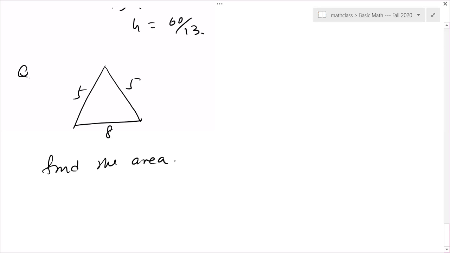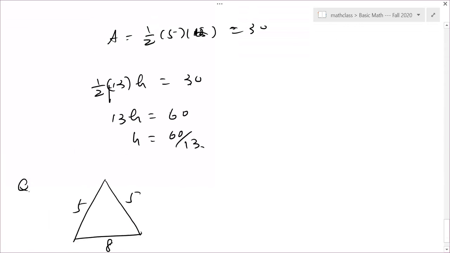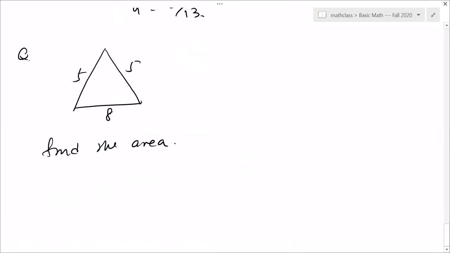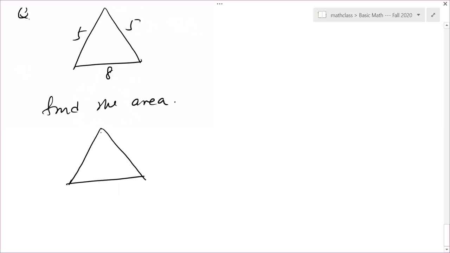You don't know. Okay, I already gave you some kind of hint. Here, you have to draw the height, right? You draw the height, and you get h. So 5, 5.